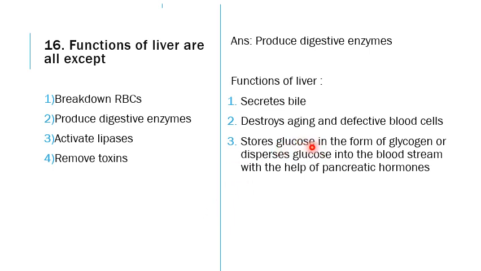So glucose, we know, is stored in the form of glycogen, and whenever we need glucose, it will convert the glycogen to glucose and pass it into the bloodstream with the help of pancreatic hormonal stimulation, that is, through glucagon, a pancreatic hormone.